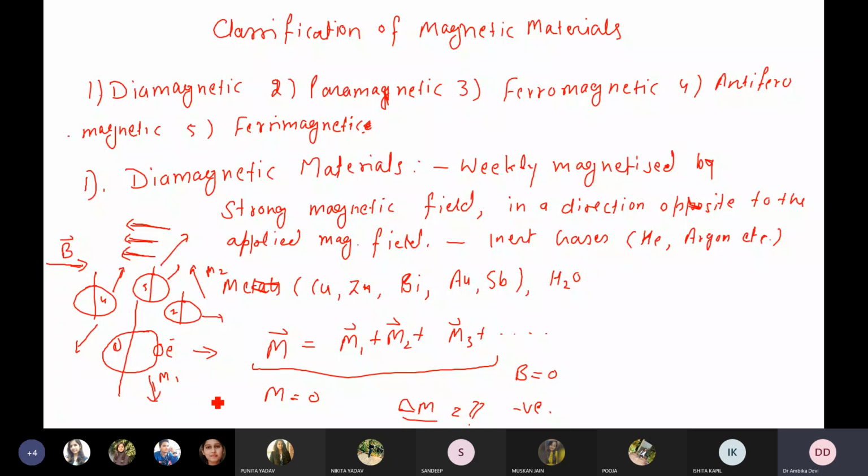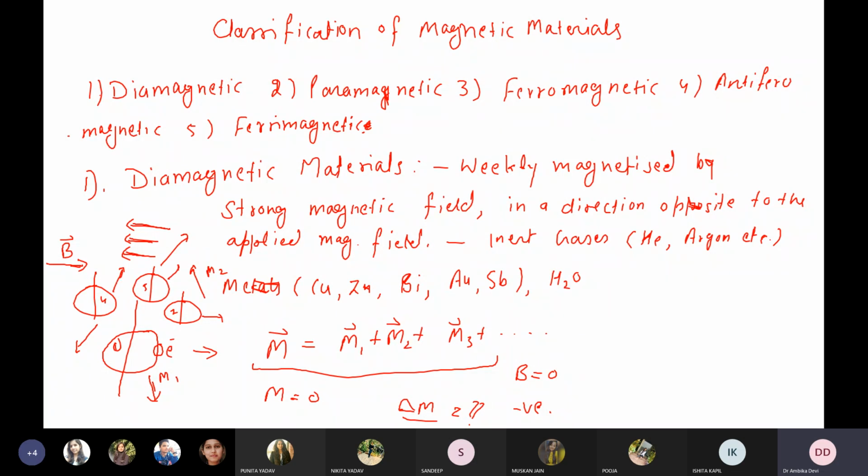So in the absence of any magnetic field, the total magnetic moment of the atom will be 0, right? However, when the magnetic field is applied, all these orbitals will align in a direction opposite to the direction of the applied magnetic field, and hence a magnetic moment will be generated.